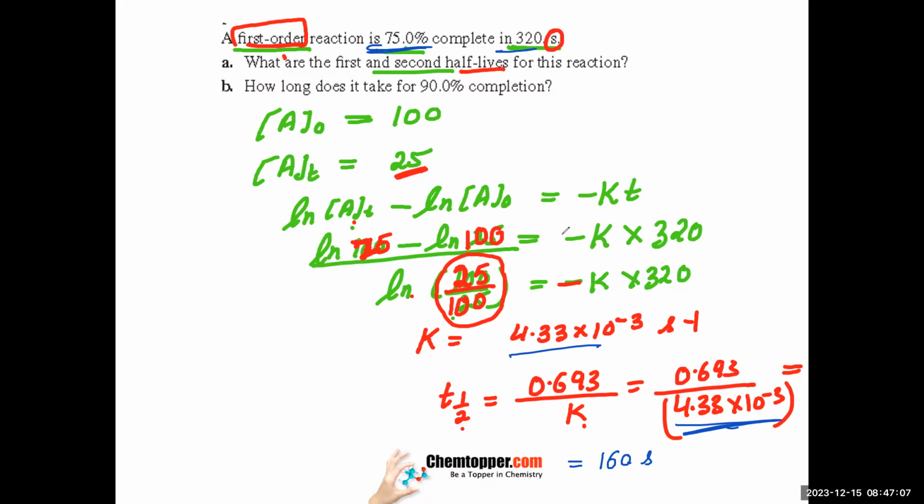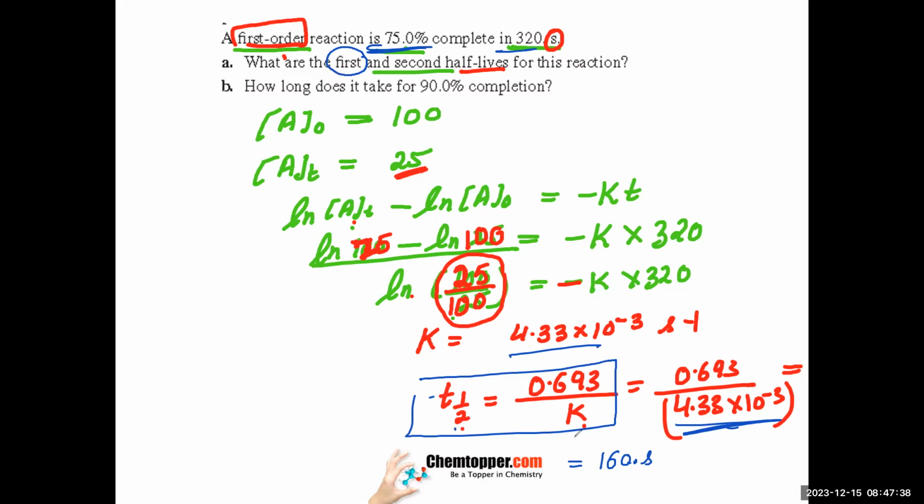Anil, your equation is not right. The equation which you are giving me is for zero order, right? Half-life equation for first order is this. Remember, it does not depend on the initial concentration. So what is the value of half-life?